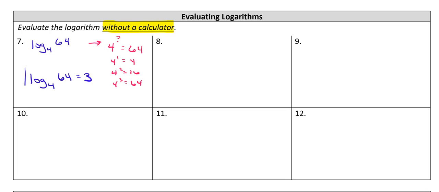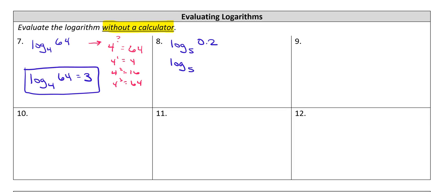These are going to be asking us to find the exponent without a calculator. So this is mental math. That means they're going to work out nicely. All right, let's try number 8. What is the log base 5 of 0.2? Now, you know that Miss Miller does not like decimals because my brain doesn't work very well with them. So the first thing I'm going to do is change 0.2 to a fraction.